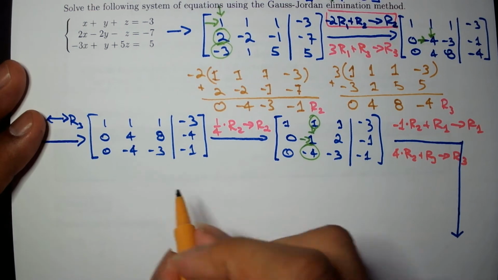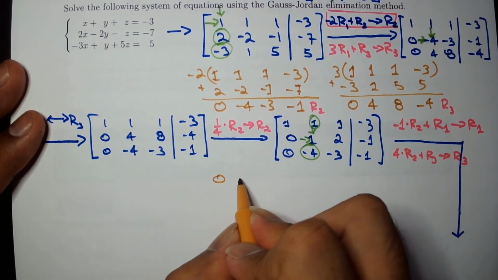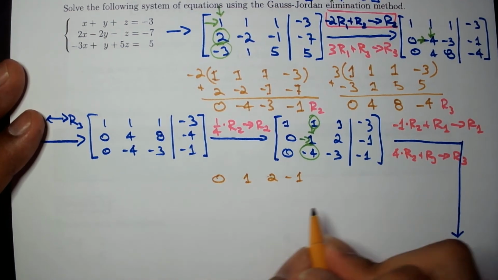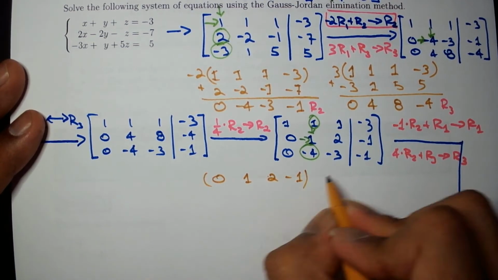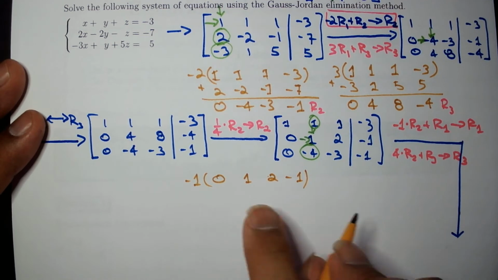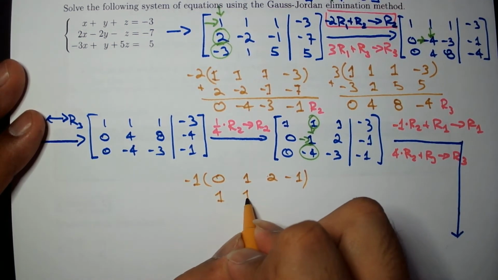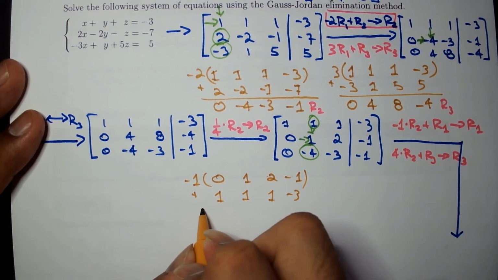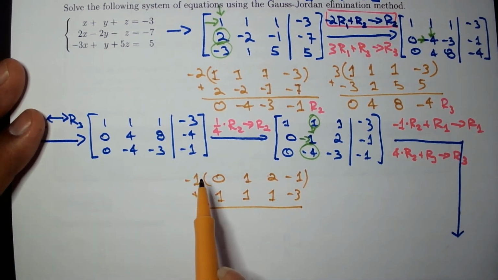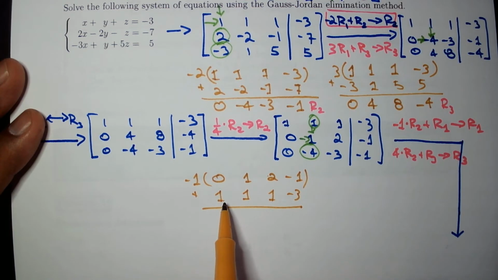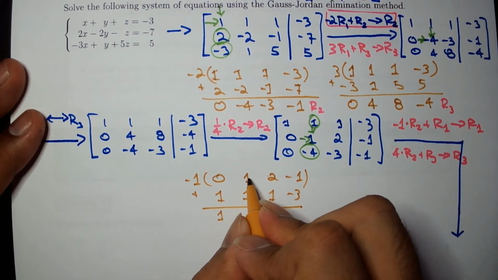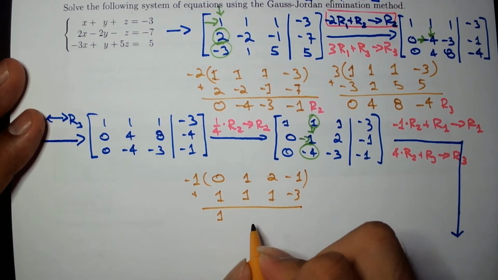So those are the two operations that we do. Let me write down the second row, 0, 1, 2, -1. Multiply that by -1 and add it with the first row. So let's see. -1 times 0 is 0 plus 1 is 1. -1 times 1 is -1 plus 1 is 0.